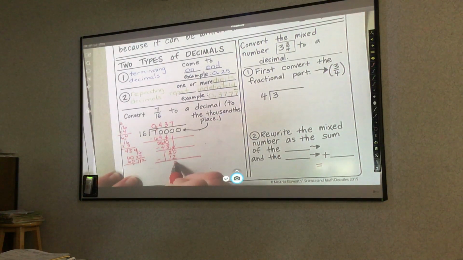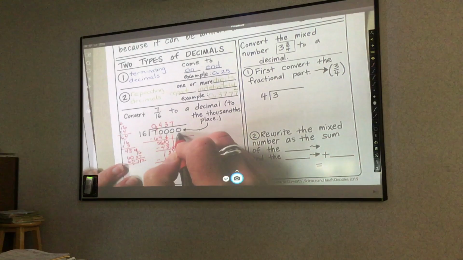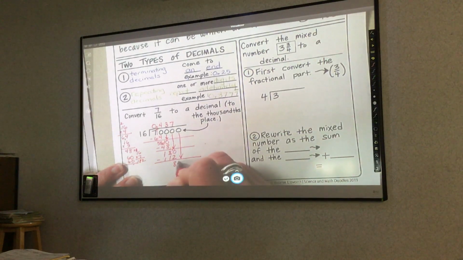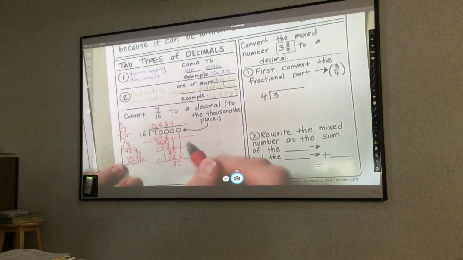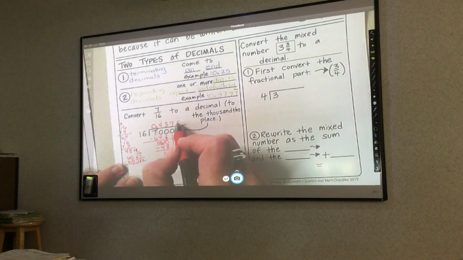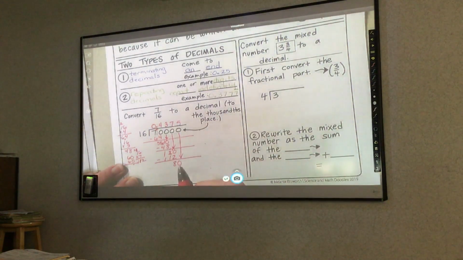So I've got 8 left, correct? Bring down the 0. And it's because 16 is gonna go into 80, how many times? 5, because 5 times 16 is what?